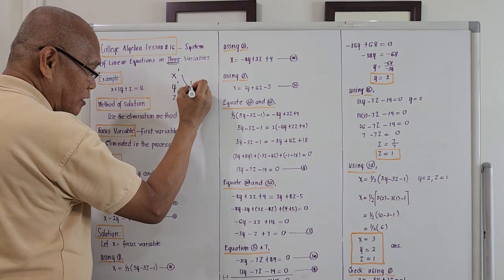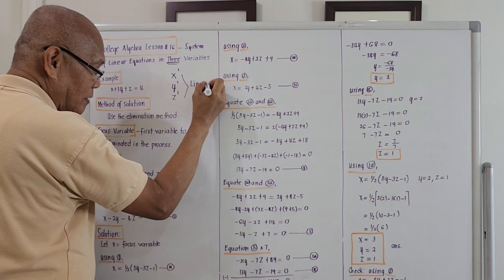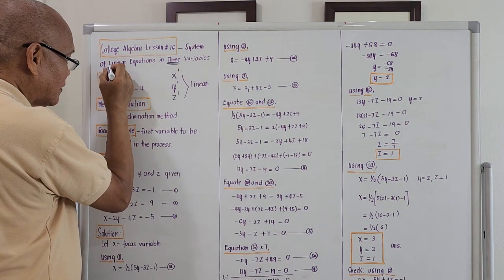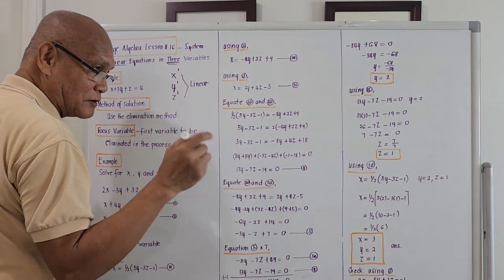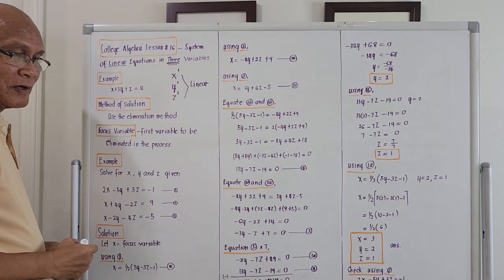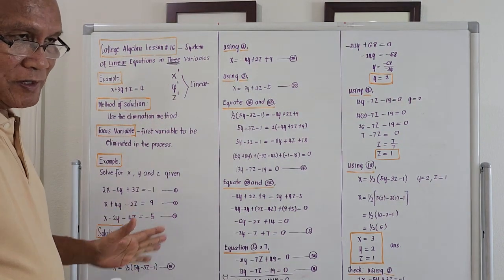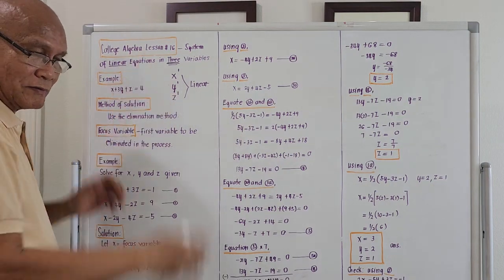So they are considered linear. And there are three of them, that is x, y, and z. The main problem here is to compute for the unknown values x, y, and z.